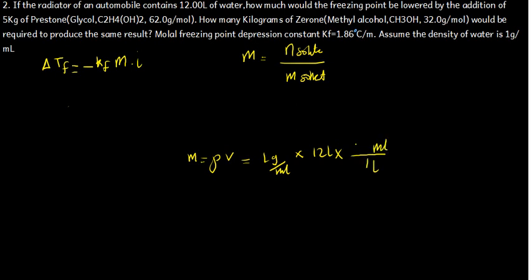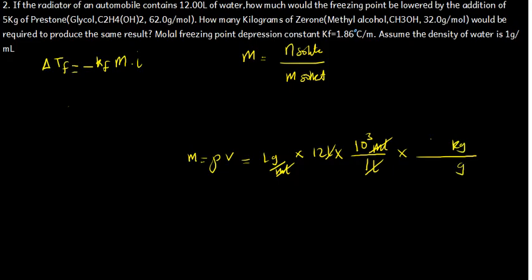In 1 liter we have 1,000 milliliters, so the milliliter and milliliter cancel, and the liter and liter also cancel out. Now I want the answer to be in kg, so I'm also going to convert the grams to kg. I want a kg on top and a gram here to cancel, so I'm going to take a gram down.